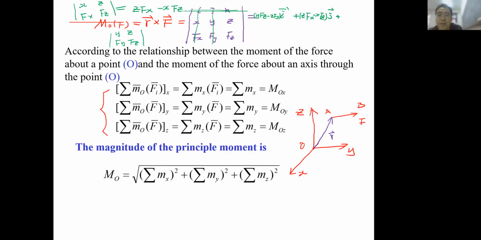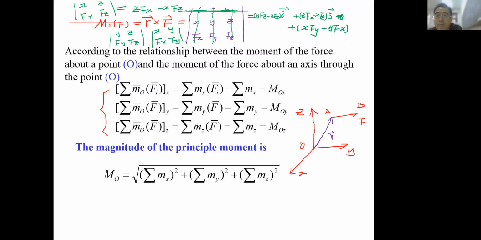Then the final one, we try to find its component along the z direction. So we cut this and we cut this. This time we got this sub-determinant expression: x, y, Fx, Fy. It will be normal, so we only need to cross multiply, and this one will be x Fy minus y Fx.